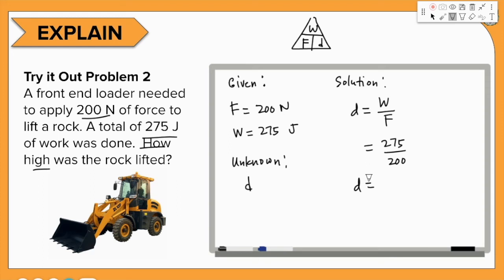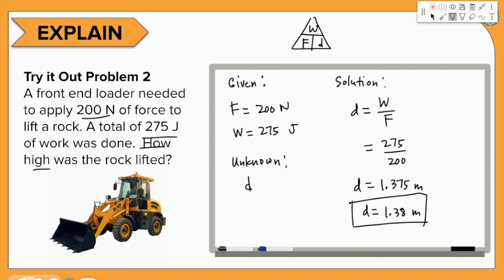So 275 divided by 200 actually gives me 1.375 meters, or approximately d equal to 1.38 meters, rounding off to two decimal places. And then I just box my final answer. Okay? So it's very much straightforward.